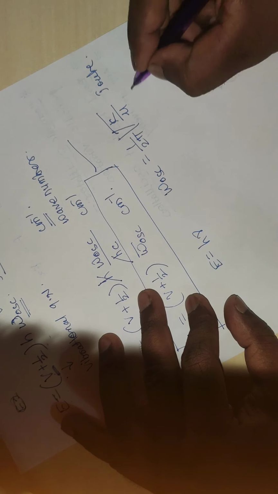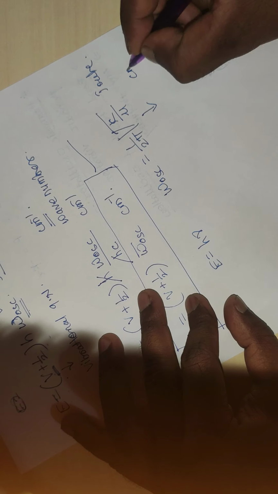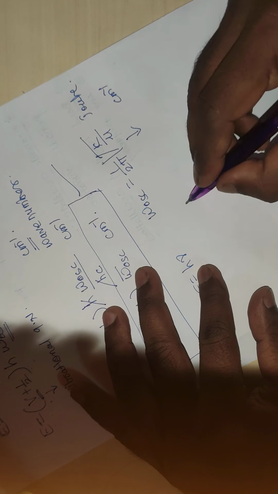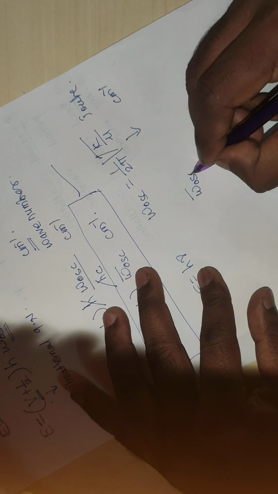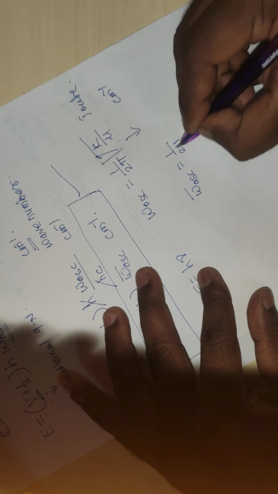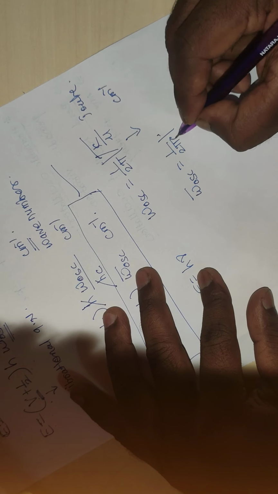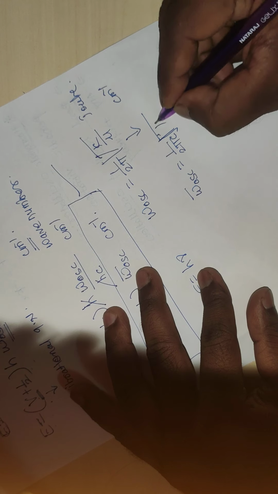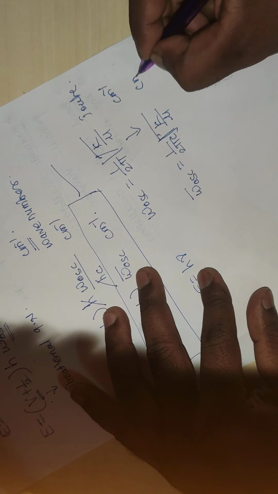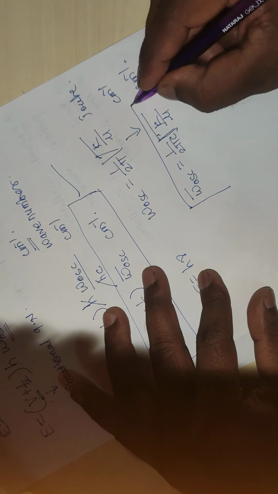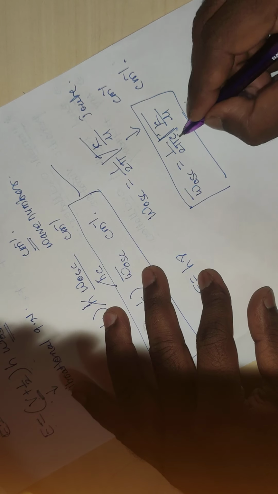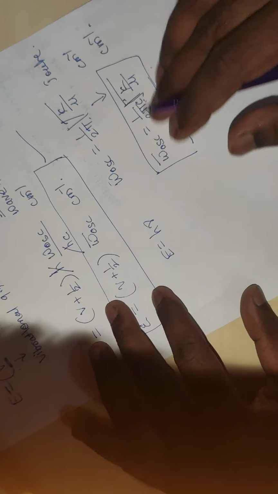If you want to convert this into centimeter inverse, how can we write it? Omega bar oscillation is equal to 1 upon 2 pi c, square root of k upon mu, that is in centimeter inverse, divided by c.